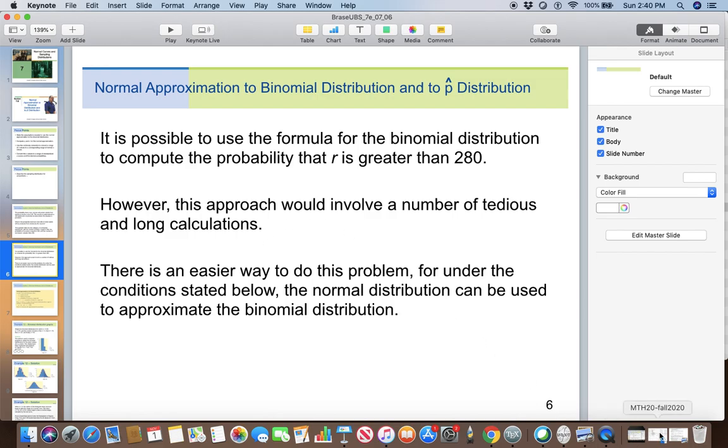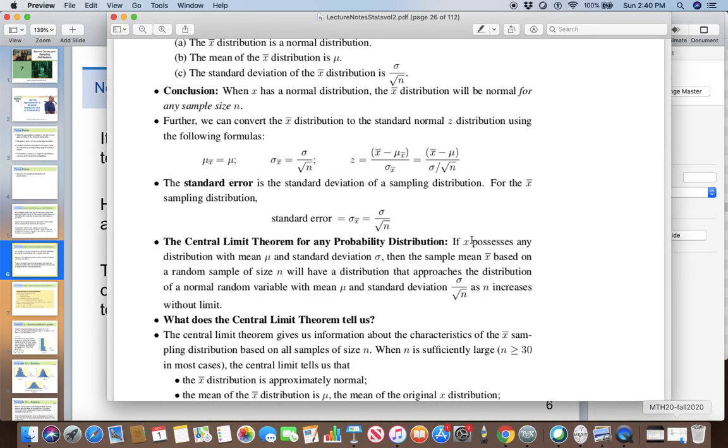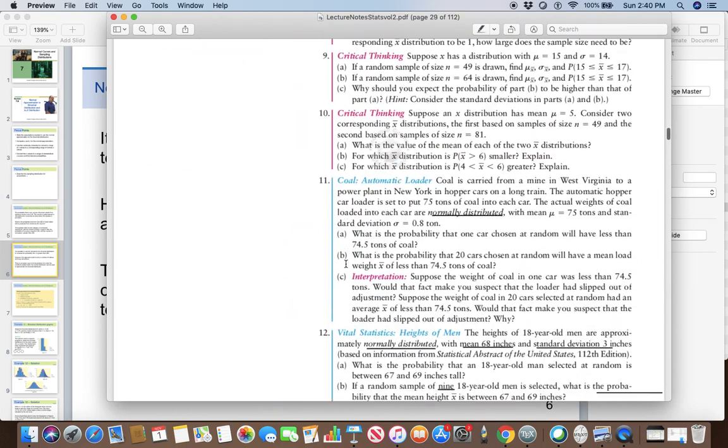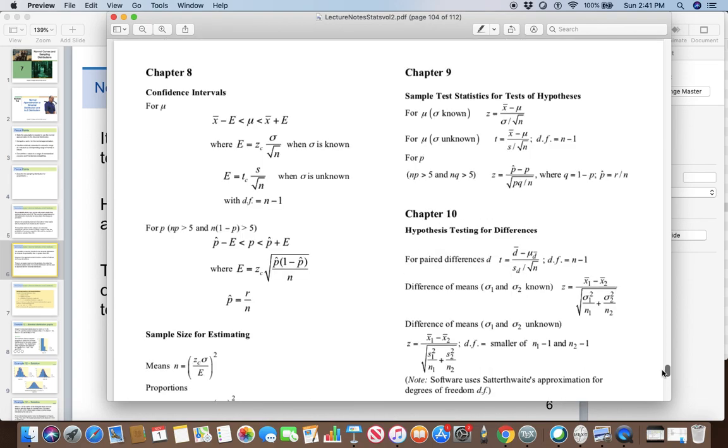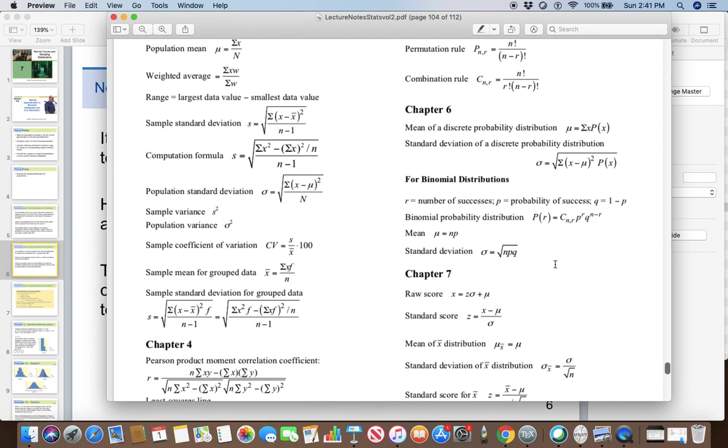I hope you remember what we are talking about. If you remember the table for probability of R successes, R could be 281, you calculate.